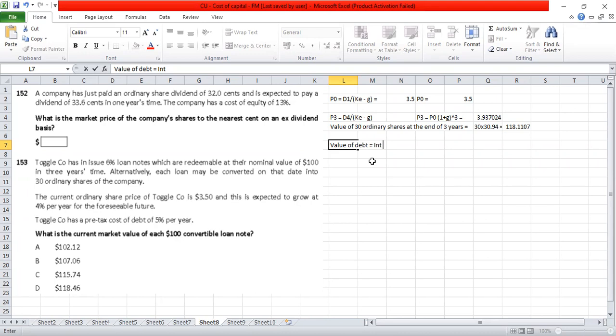So interest has to be calculated using the discounted present value interest factor. Is it there every year? Yes, so it becomes an annuity. Present value interest factor at what rate?